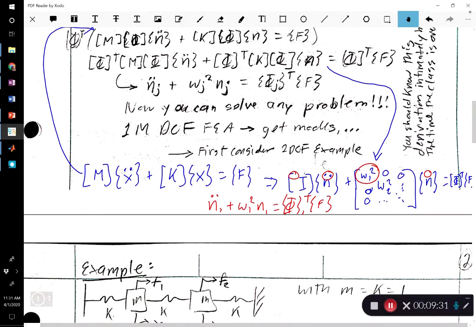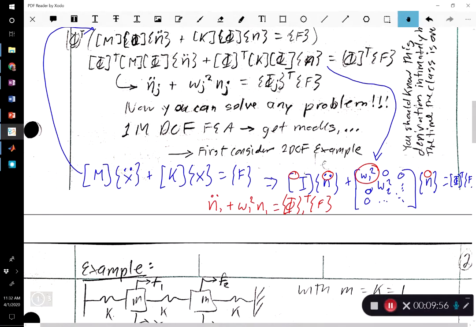The same is true for any element along the diagonal. So each equation can be written in this form, and the only thing that changes from equation to equation is the index. You go from j equals 1 to 2 to 3, and each equation involves the jth natural frequency only and the jth eigenvector only.